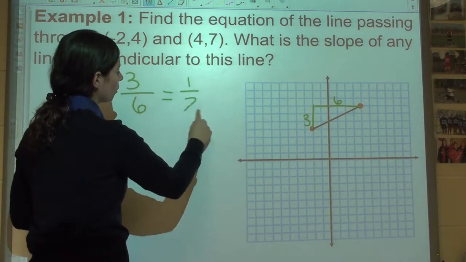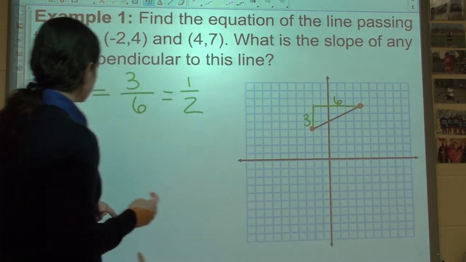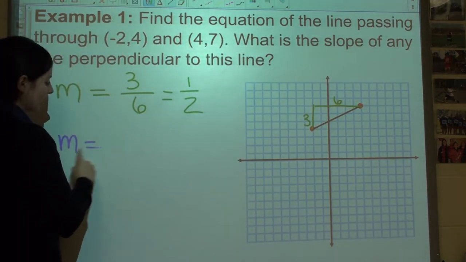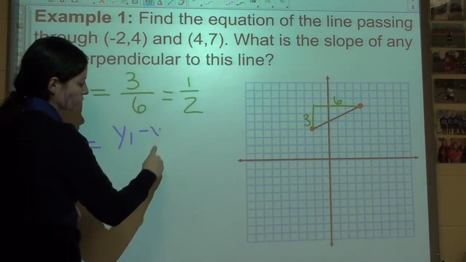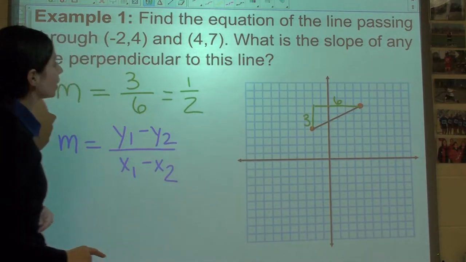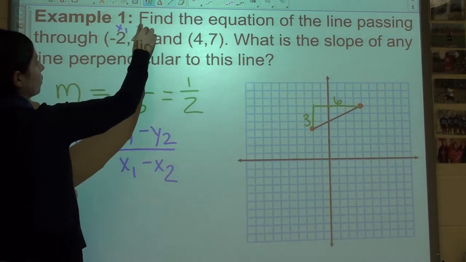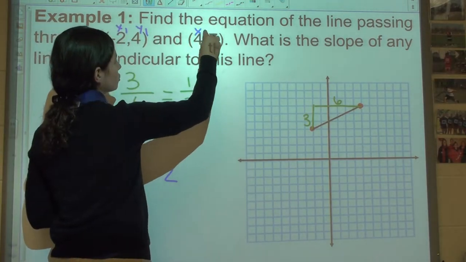Some of your algebra teachers may have had you use the rate of change of y1 minus y2 over x1 minus x2. And for that, I always liked to label my points x1, y1, x2, y2.